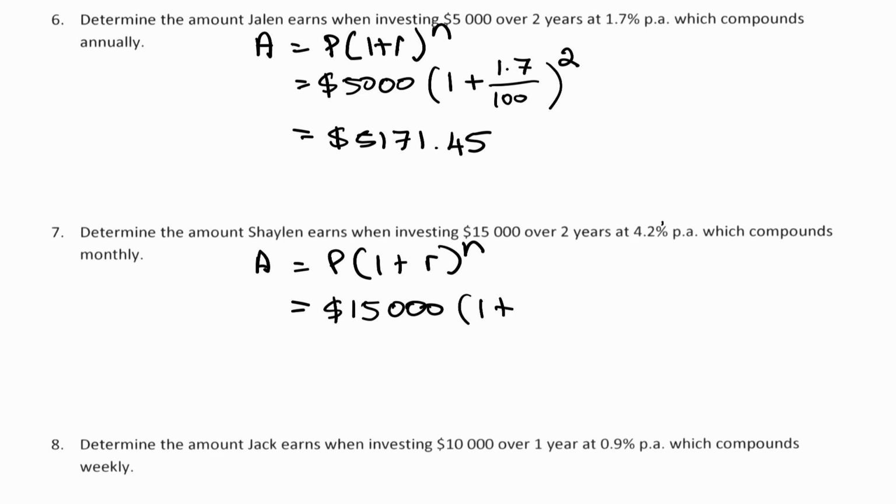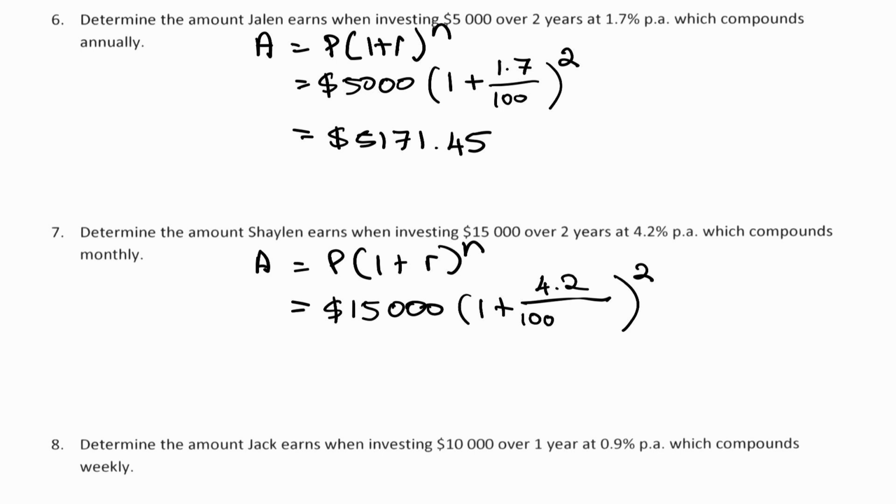The rate is still 4.2%, so that's 4.2 over 100. And it is 2 years, so that is to the power of 2.